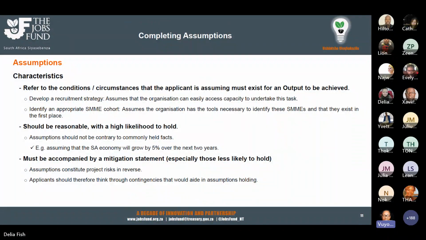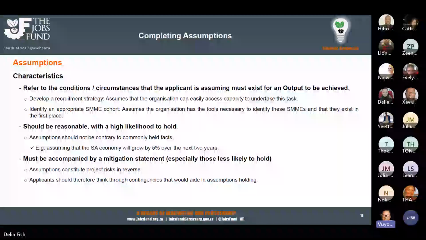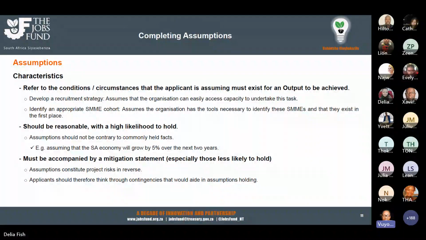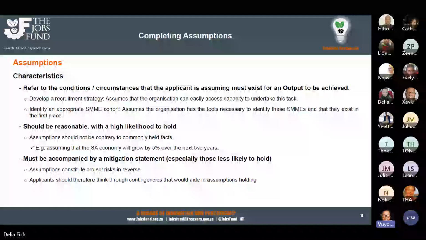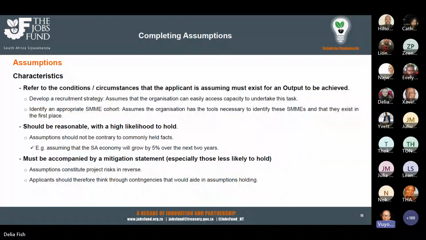And now we come to assumptions. Assumptions relate to those specific key conditions or circumstances that need to obtain in order for the related output to be realized, right? So in the instance where we are talking about the development of a recruitment strategy, what is the assumption there?